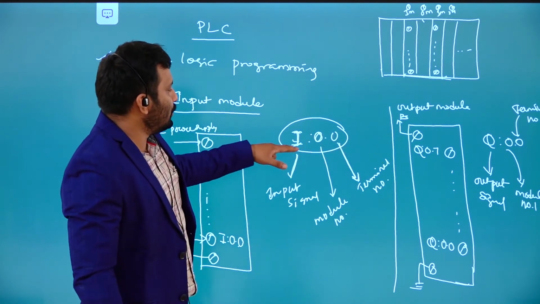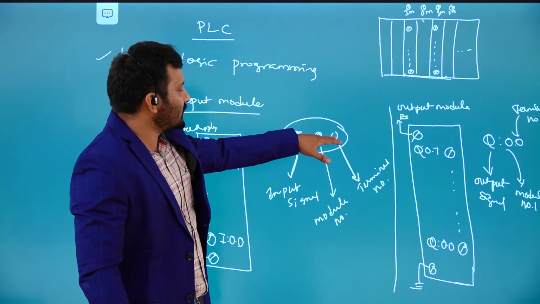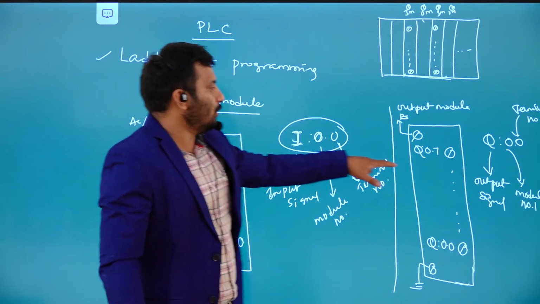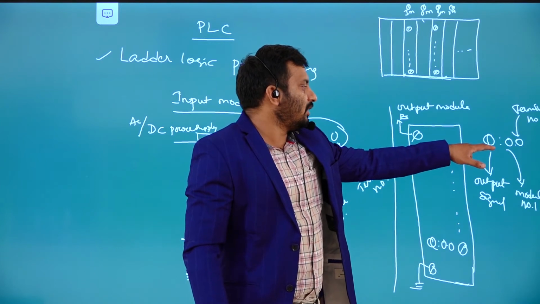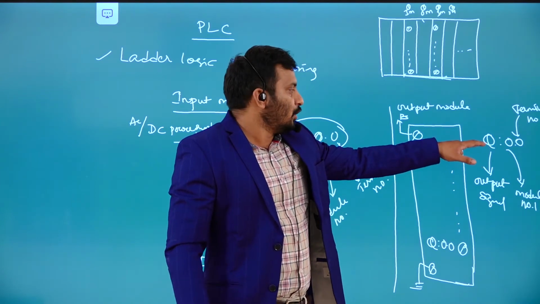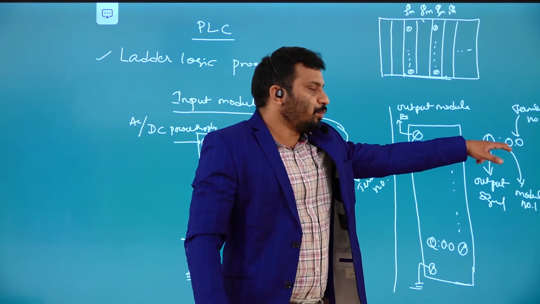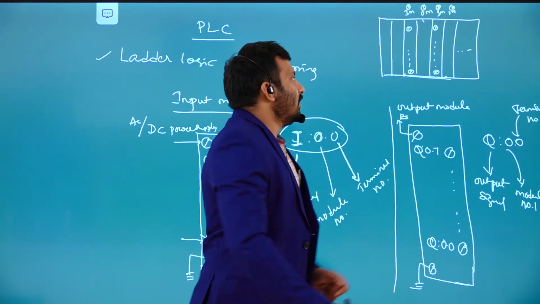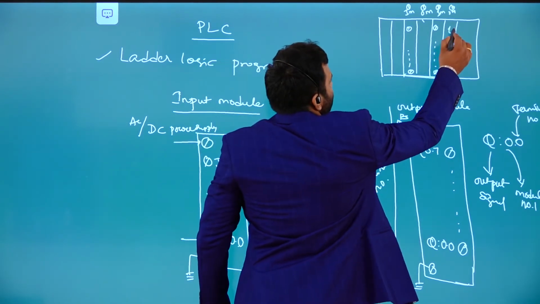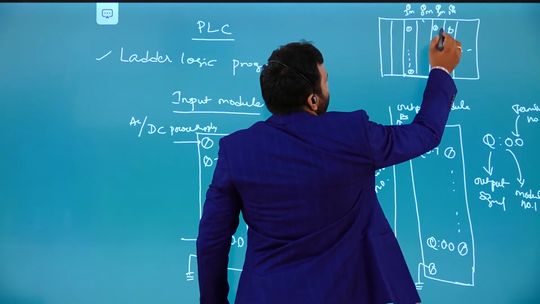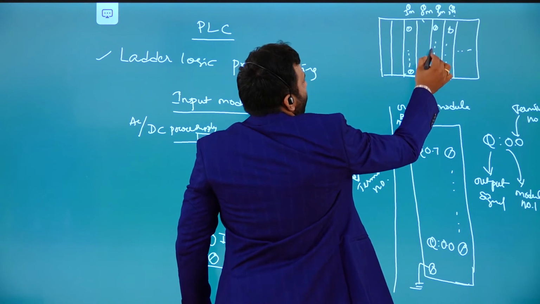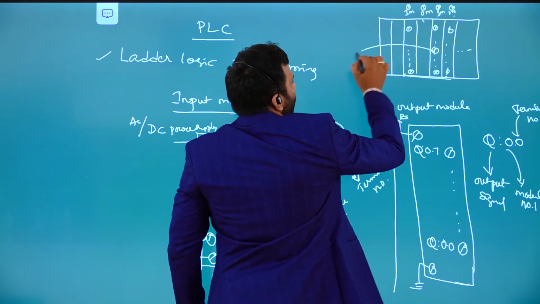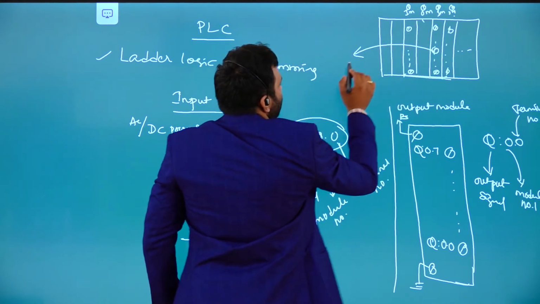So in the similar way, the only difference is I and Q. I means it is the input module, this is the module number, this is the terminal number in the particular module. In this one, the output signal is going to be indicated with Q, right? First output module and first terminal. For example, in the similar way, these are the second input module and second output module. For example, I want to address this particular terminal. How are we going to address the second input module?